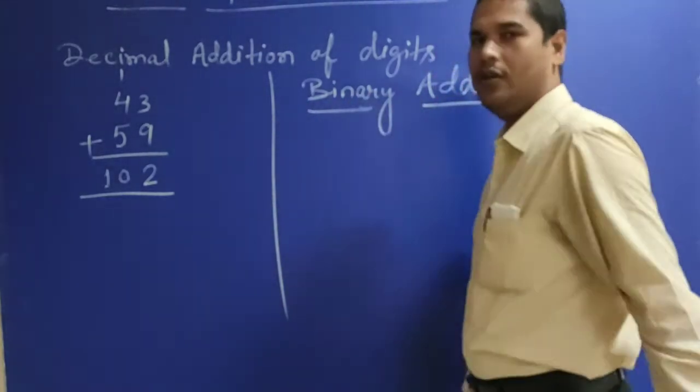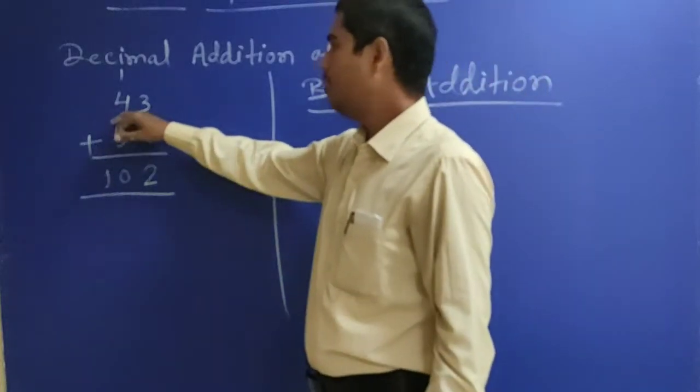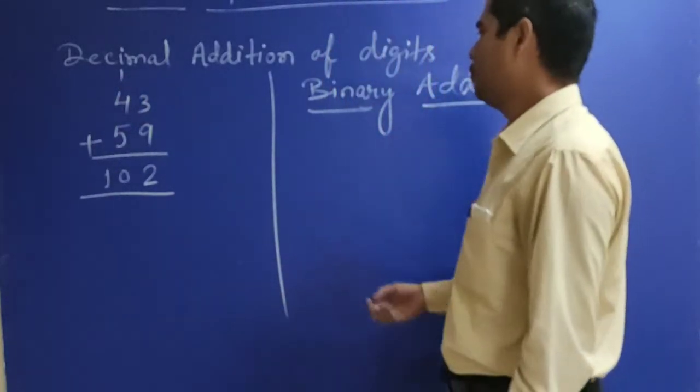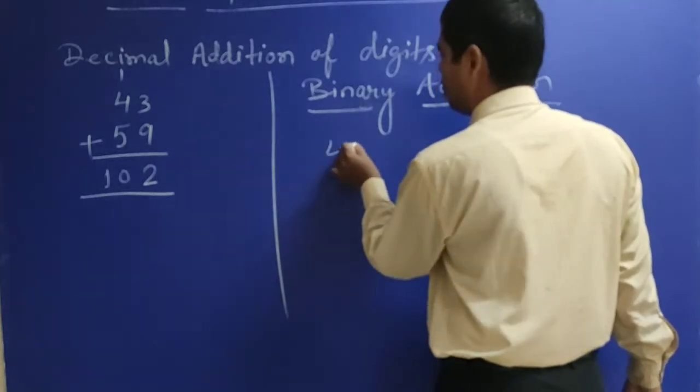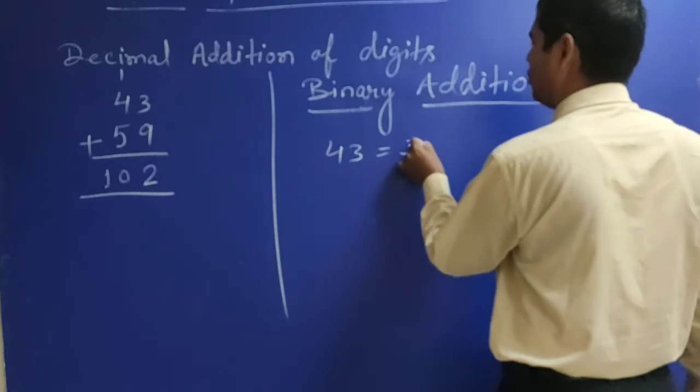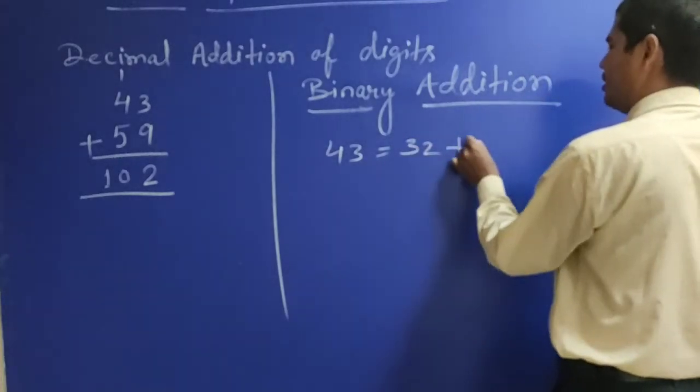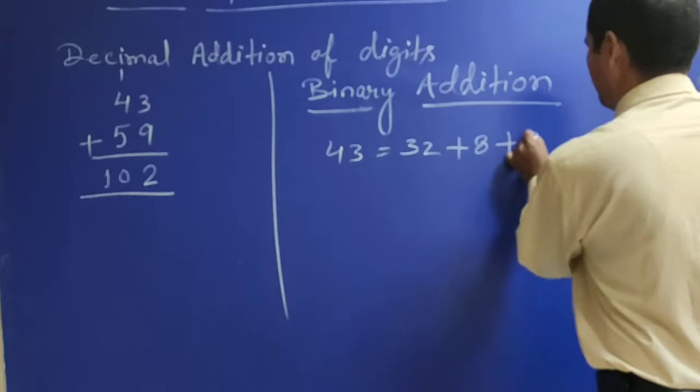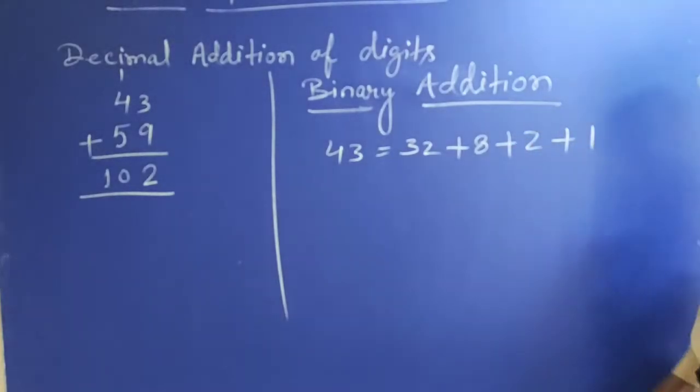First of all, we will convert 43 into binary. So 43 means 32 plus 8 plus 2 plus 1.